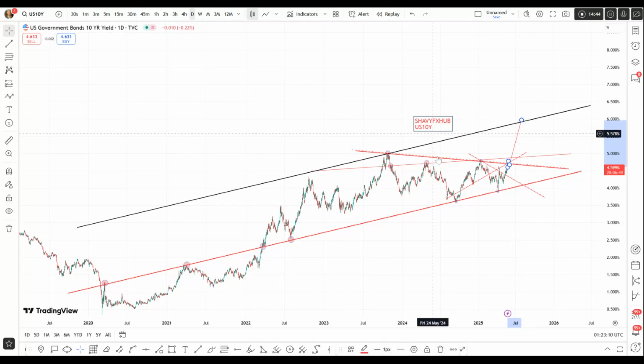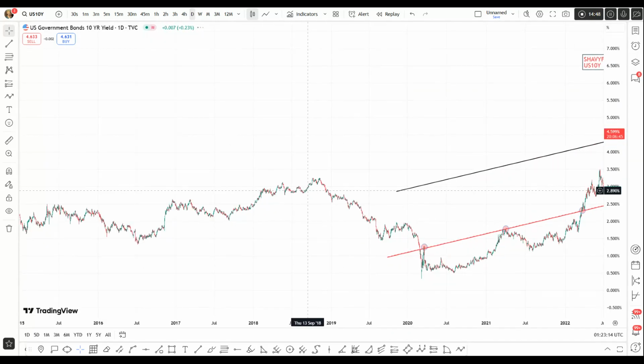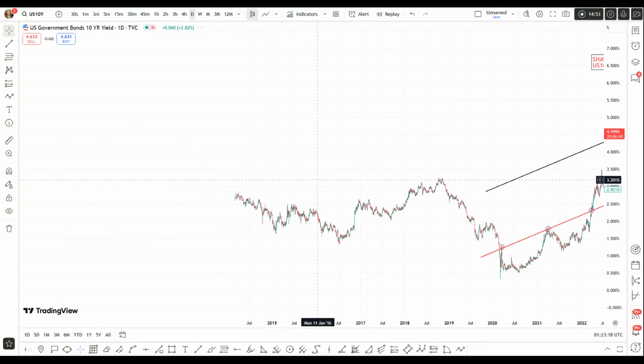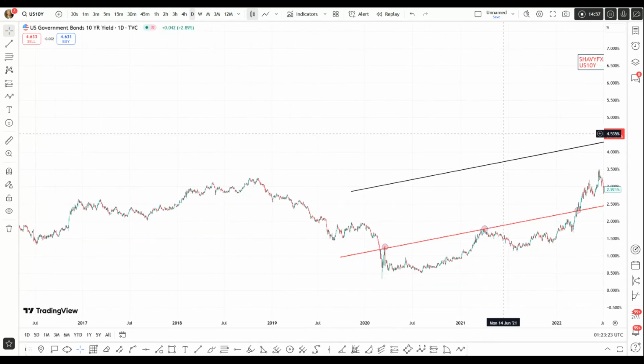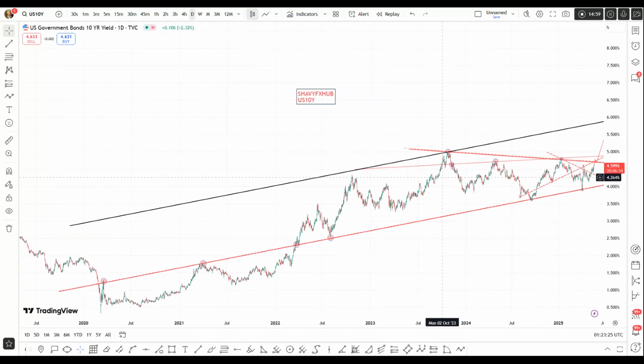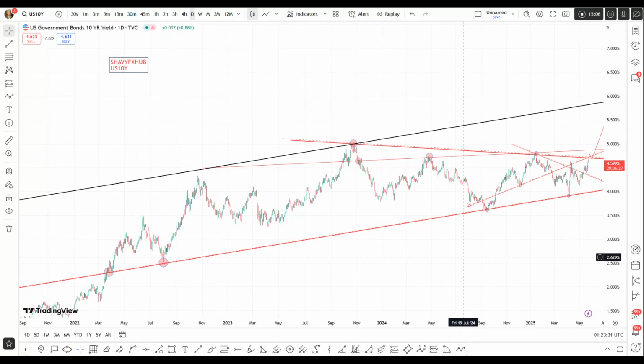That would be very historic to see that happen. Let's see, in the time past, in 2018 we had the 10-year yield at 3.2, and I think it really was a big upswing. And the last we had was in October 2023. Then we began to retrace from that level.